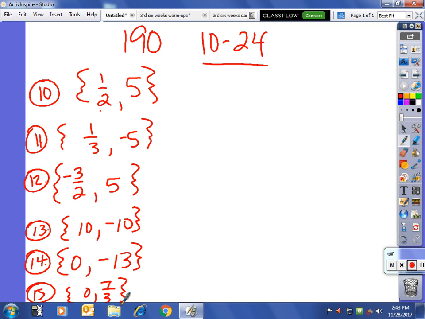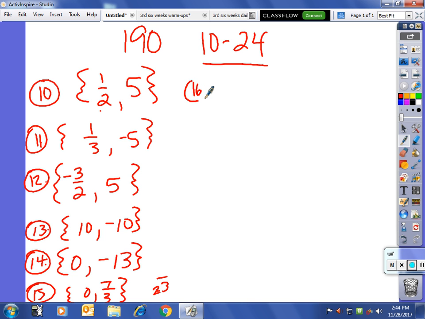Again, 7/3 could be 2 and 1/3. And if you just love decimals, you had to write it correctly. If you put 2.3 repeating, that's okay. But it's not 2.3, it's 2.3 repeating. I'm sorry, 2 and 1/3 would be 2.3 repeating. Whoopsie.